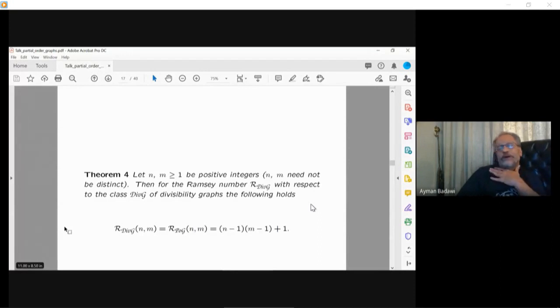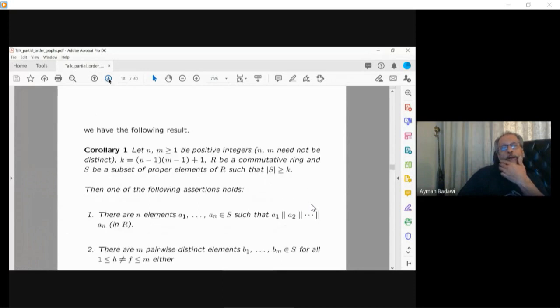Again, you expect that when you go to a smaller class of partial orders, then this number will be smaller, but it's not. So here we study the Ramsey number for all divisibility graphs, and it turns out that this number is what you see.